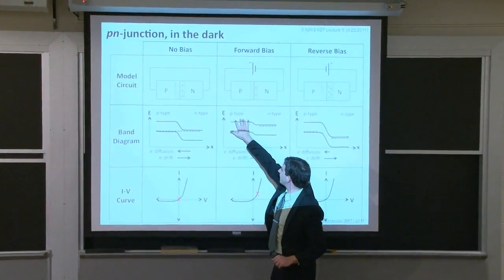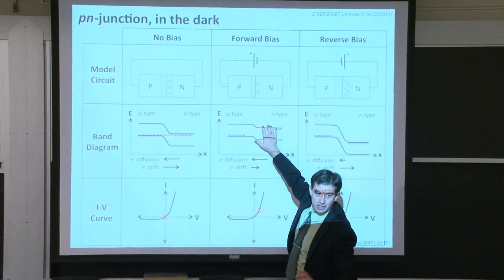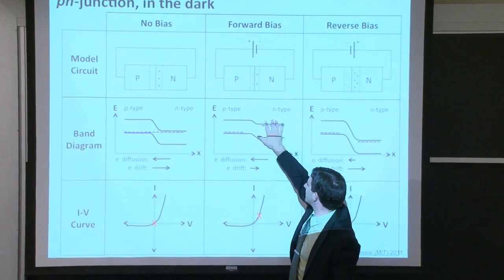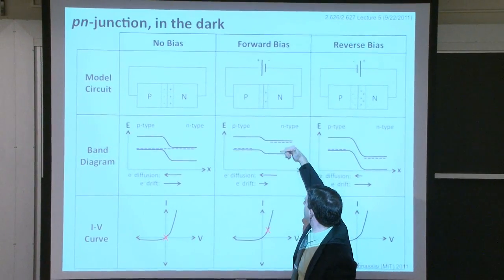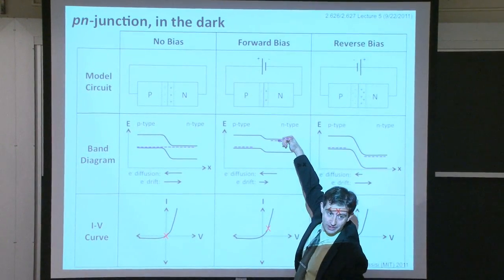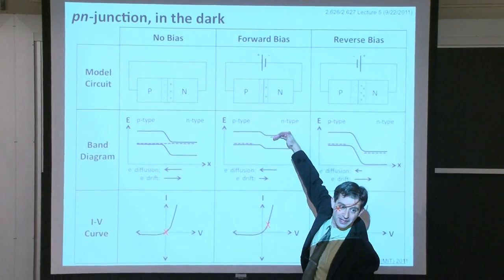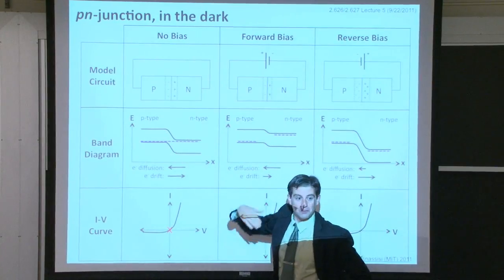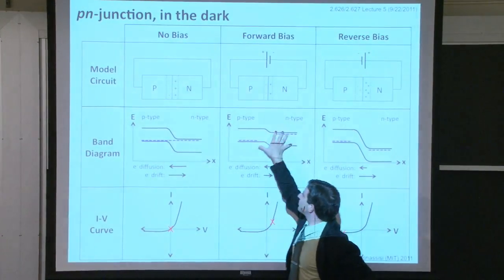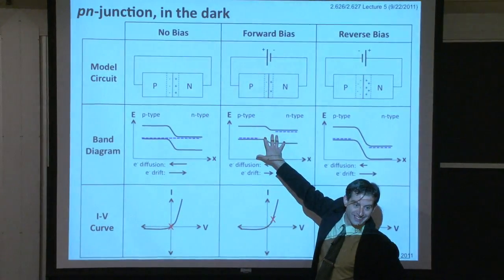Rationale, you'll be generating carriers, they'll be swept over into this region here. One way to think about it is that you'll be increasing the number of electrons over here and the number of holes over here, which will naturally cause the energy of those electrons to increase on this side, the chemical potential on this side to increase. So one way to think about it is as you're illuminating your solar cell more and more, you're forcing a forward bias condition on your device.